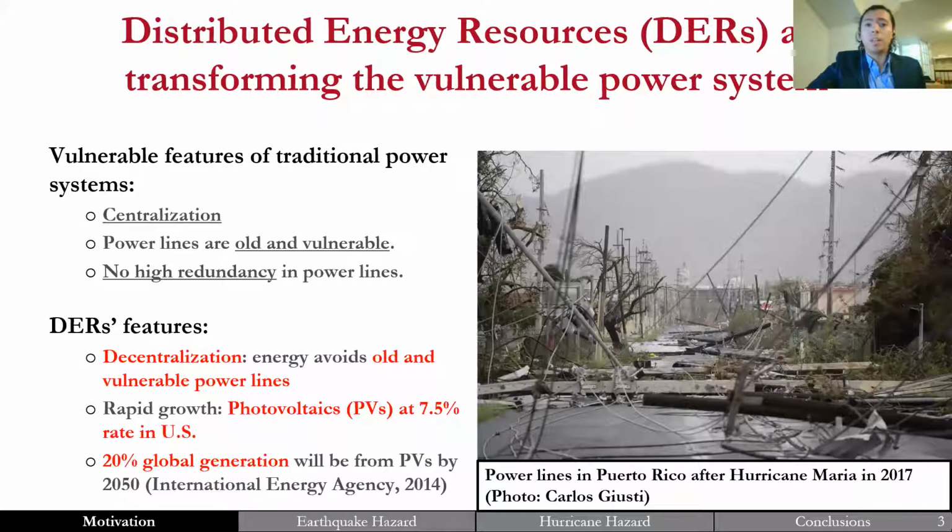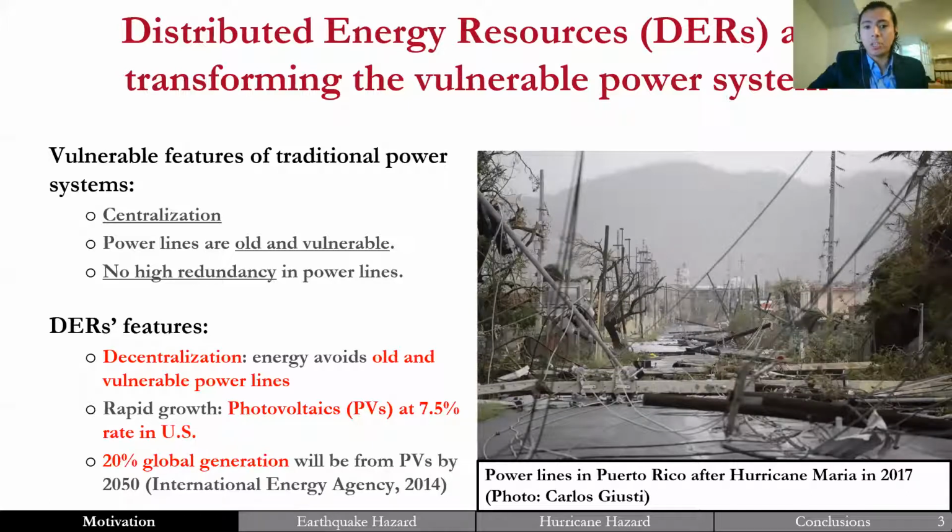That, together with the introduction of distributed energy resources. What happens with a traditional power system is that it's vulnerable because it has some features that make it vulnerable. The first feature is that the system is heavily centralized. That means that generation occurs far away from the cities, and it has to travel through distribution and transmission lines that many times are quite vulnerable.